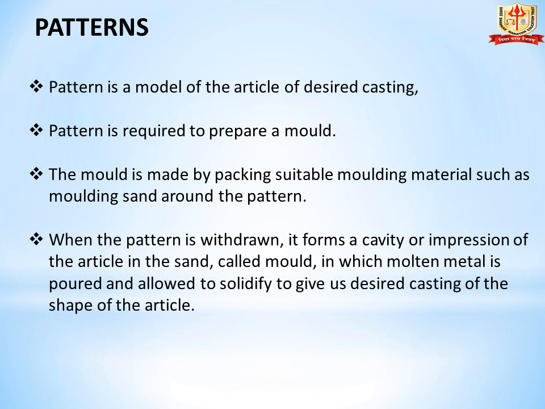Fourth point, when the pattern is withdrawn, it forms a cavity or impression of the article in the sand called the mold, in which molten metal is poured and allowed to solidify to give us the desired casting of the shape of the article.